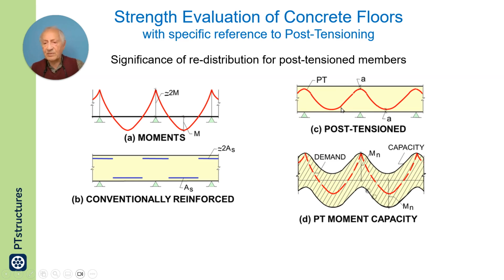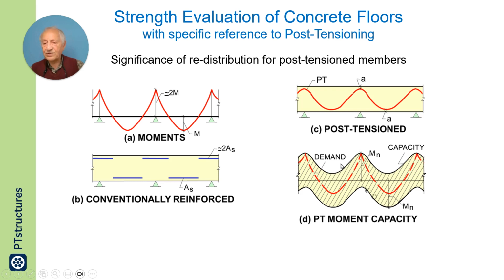In post-tensioned members, shown on the top right, you have typically a tendon which goes from one end to the other. Presence of this tendon results in availability of capacity, positive and negative.